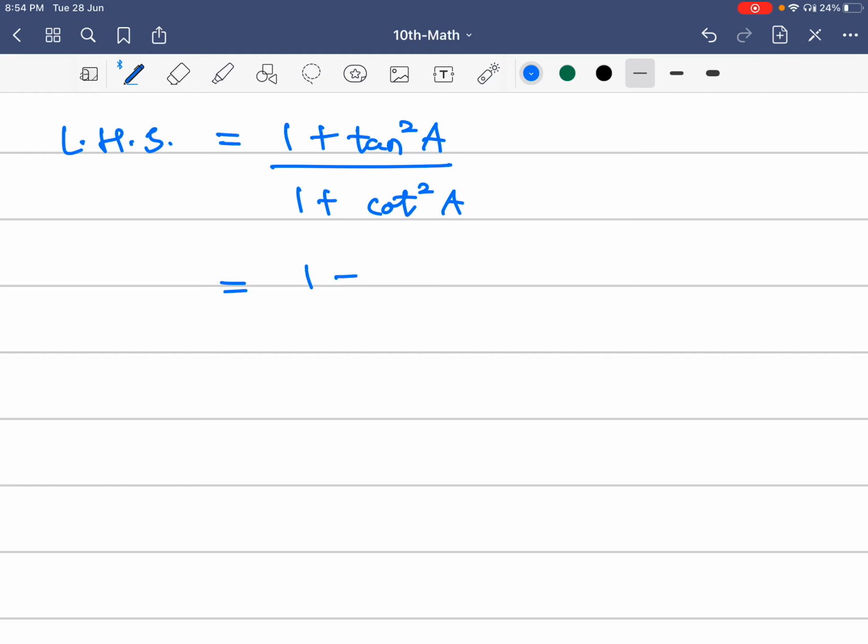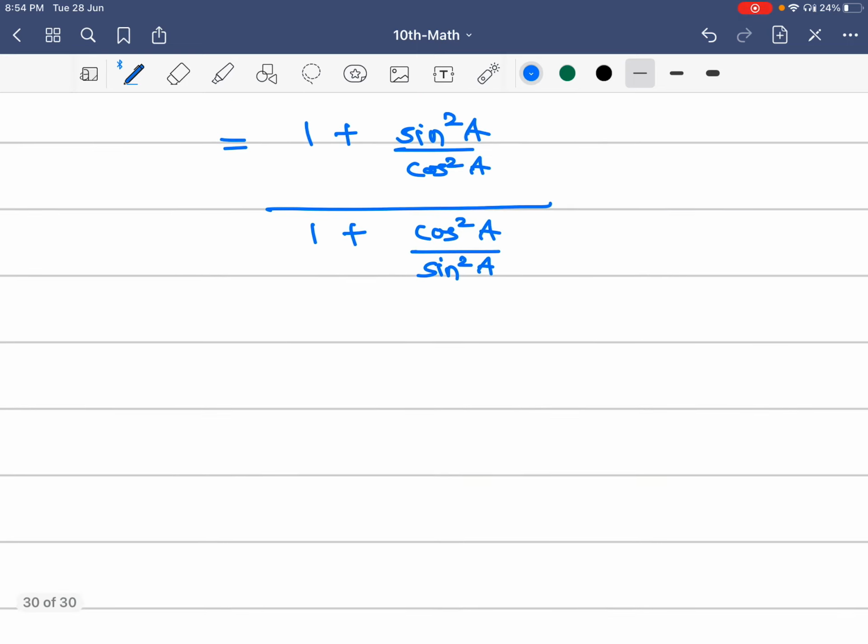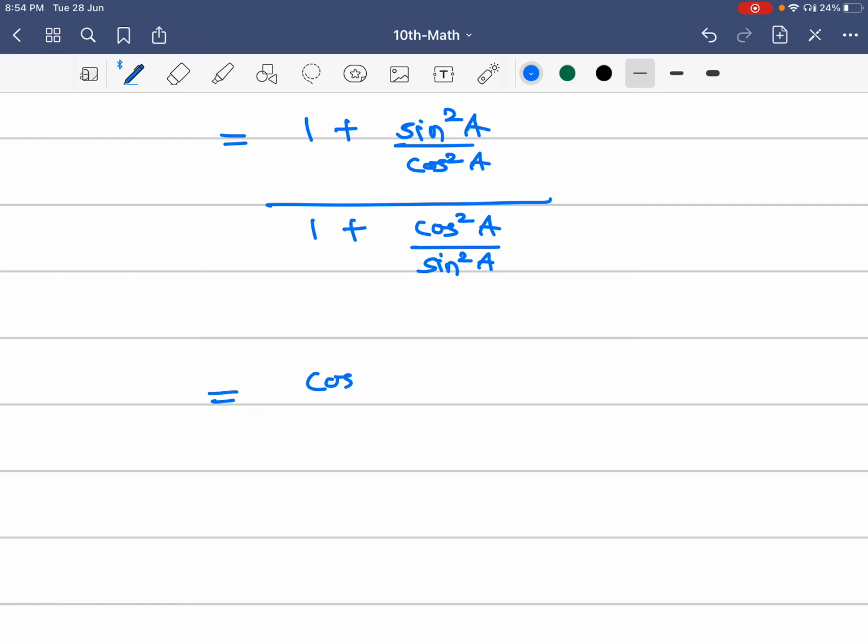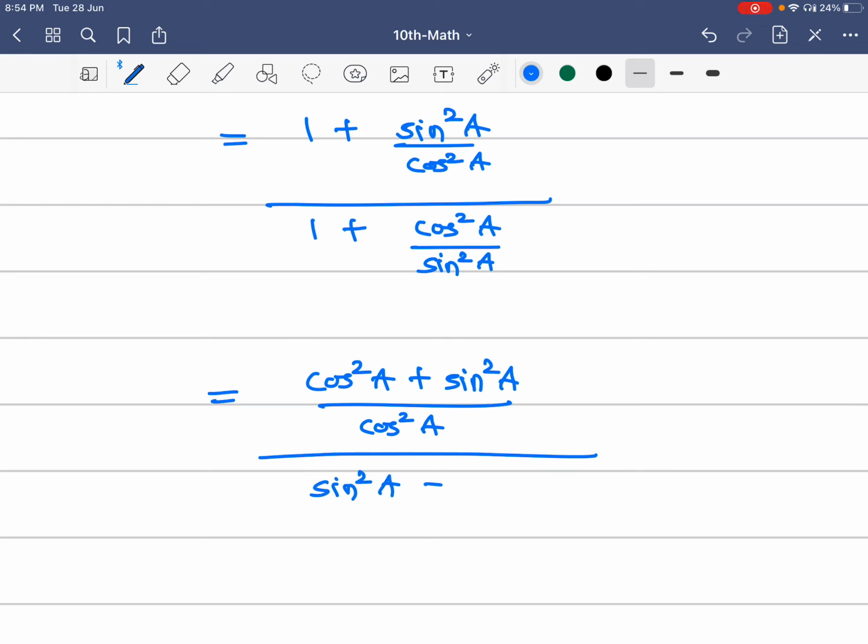So this is going to be (1 plus sine square A upon cos square A), because that is what tan square A is, divided by (1 plus cos square A upon sine square A), because that is cot square A. Now let's solve the numerator: (cos square A plus sine square A) divided by cos square A, and the denominator is (sine square A plus cos square A) divided by sine square A. Now clearly this is trigonometric identity 1, and so is this.